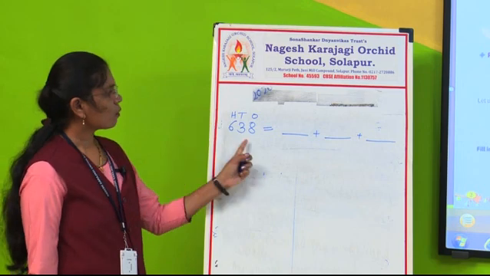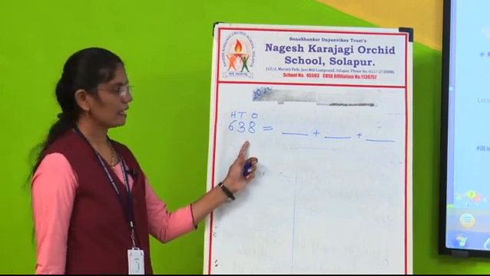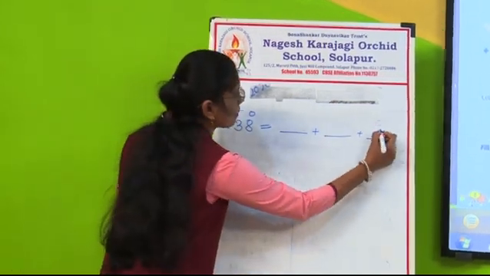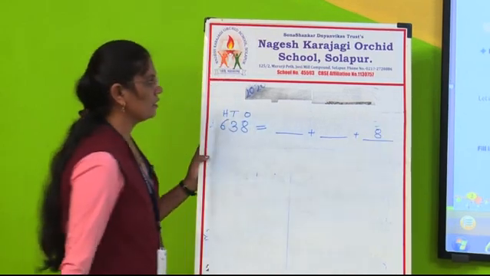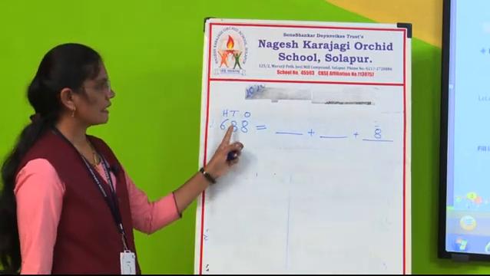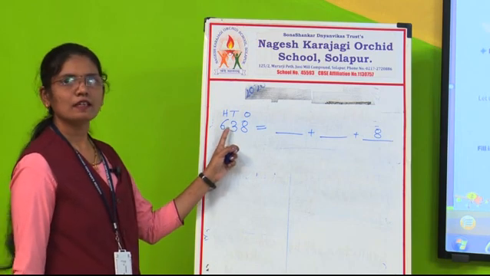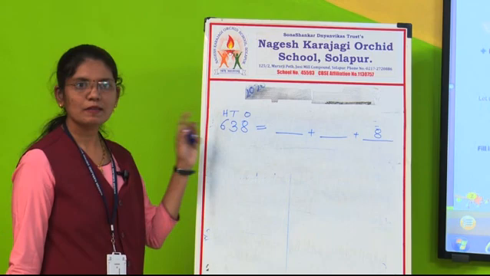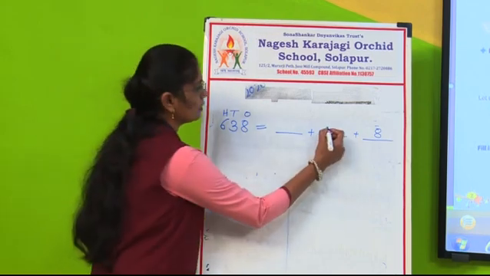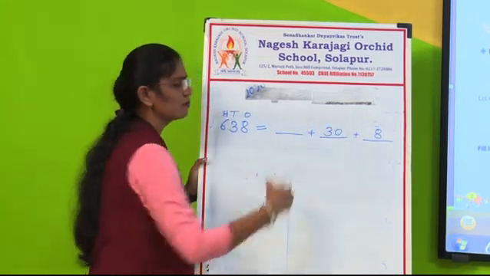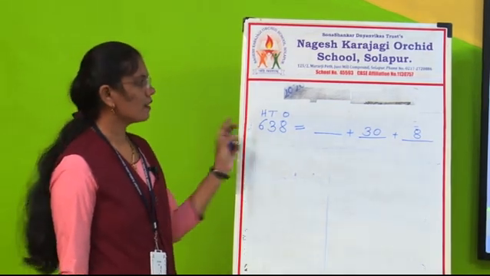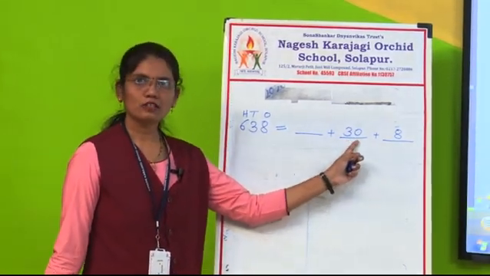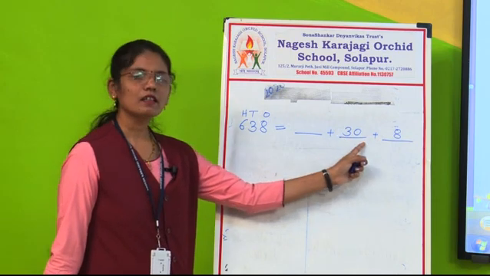Now see how many ones are there? Yes, here 8 ones are there. So we will write 8 here. Now how many tens are there? Yes, here 3 tens are there. 3 tens means how many? 30. Yes, very good. So we will write here 30.